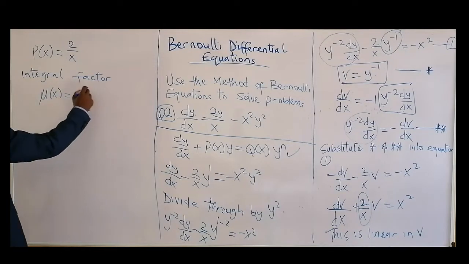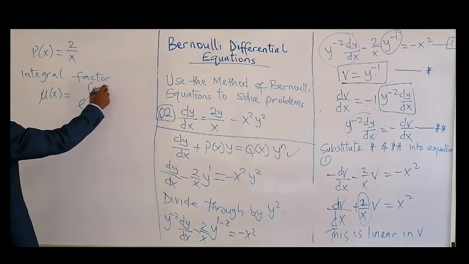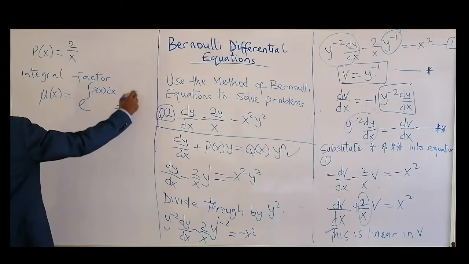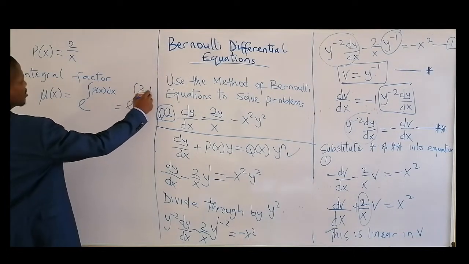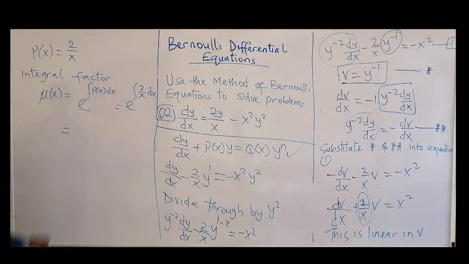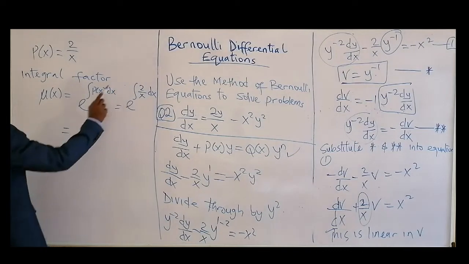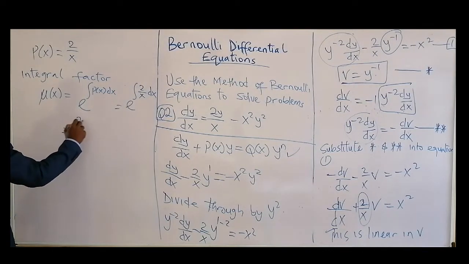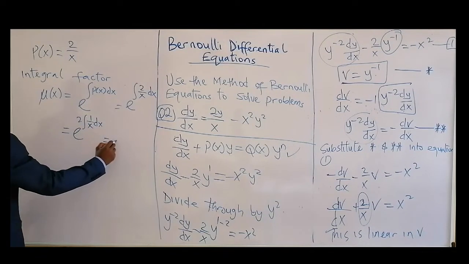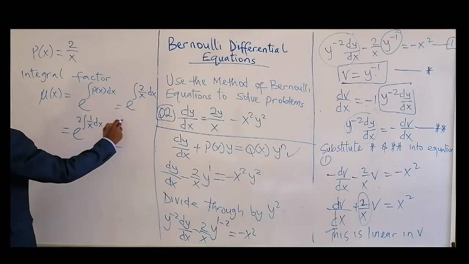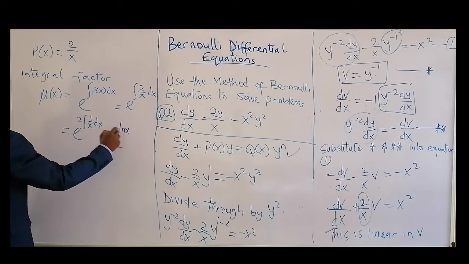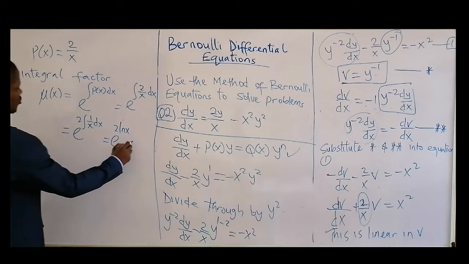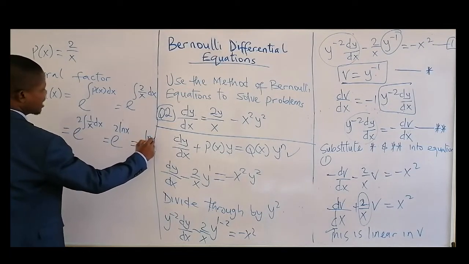The integral factor is equal to e to the integral of p of x dx, and that will be equal to e to the integral of 2 over x dx. Can you take these two outside? That will be e to 2 times the integral of 1 over x dx, and that will be equal to exponential, the integral of 1 over x is ln x, times 2. That will be equal to e to the ln x squared.